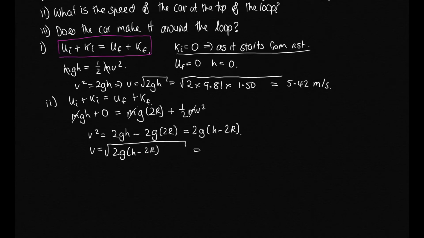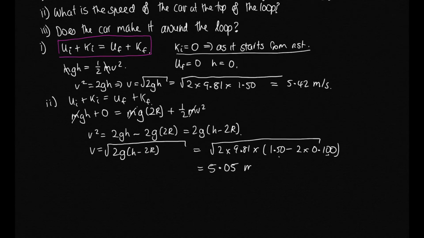And now we can just substitute in our values. We've got the square root of 2 times 9.81 times h, which was 1.50, minus 2 times r, which is 0.100. We need to substitute the r in meters, as the h is in meters, and we should use SI units. So then solving that on the calculator, we get 5.05 meters per second. So that's the speed at the top of the loop.